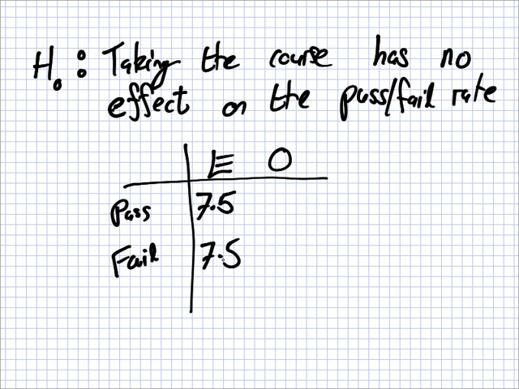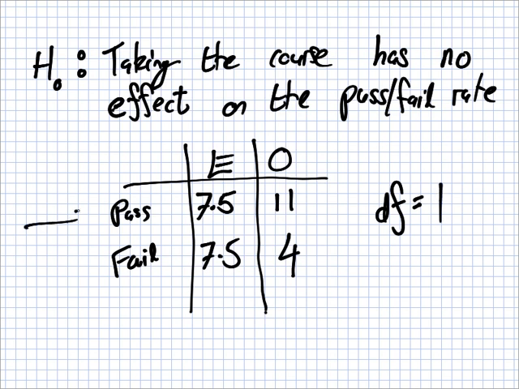Okay, now, on to our observation. How many people did we observe to pass? 11. Was it 11? And how many did we observe to fail? 4. And what's the degrees of freedom for this problem? No? Nope. Yeah, one. Because it's the number of outcomes, I suppose, minus 1.